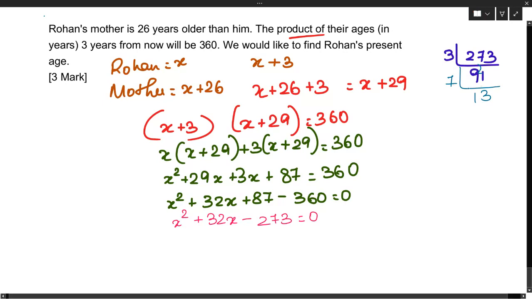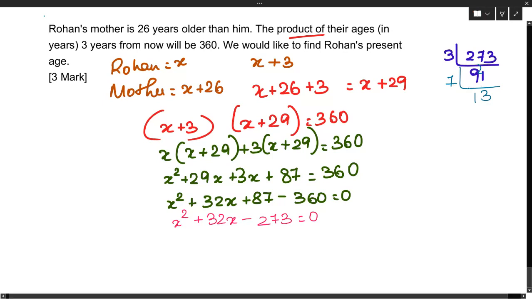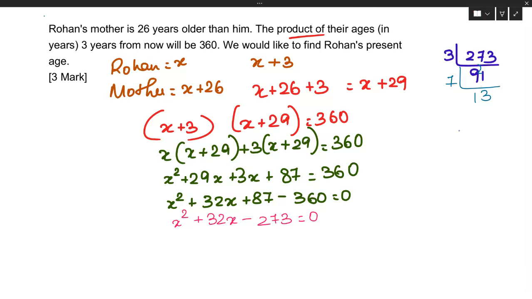Then 13 threes. Yeah, the product is formed like this: 3 into 7 into 13. 13 threes is 39. 39 times 7 is also 273. But 39 minus 7 is 32. Yes, it is 32. Let's put it here.